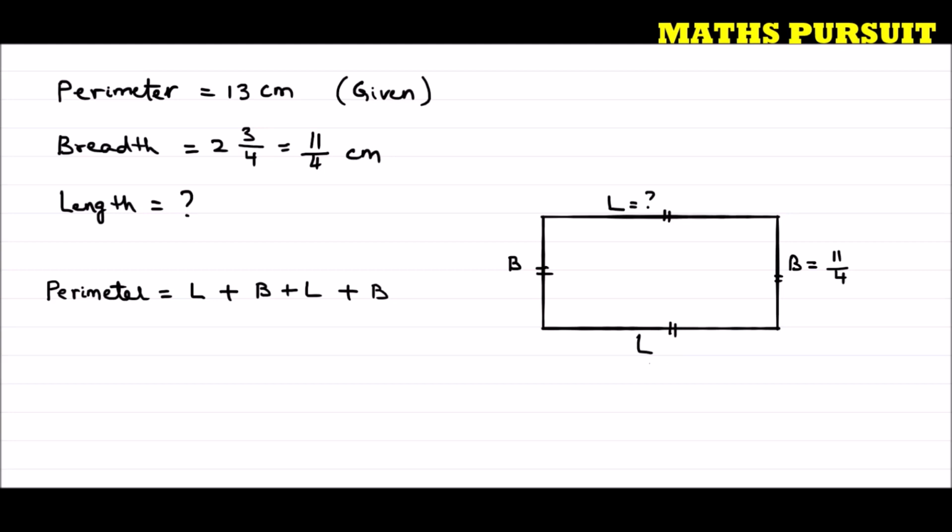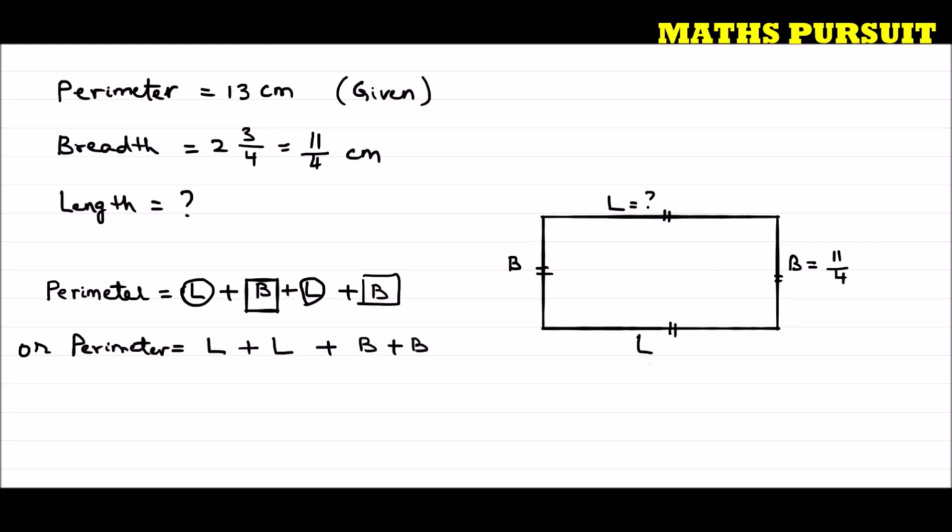Perimeter is the summation or the sum total of the sides of a rectangle. So what we got? Perimeter is equal to length plus breadth plus length plus breadth. Or I can write, let me bring these L's together and breadths together so that it will be easy for us to solve this equation.